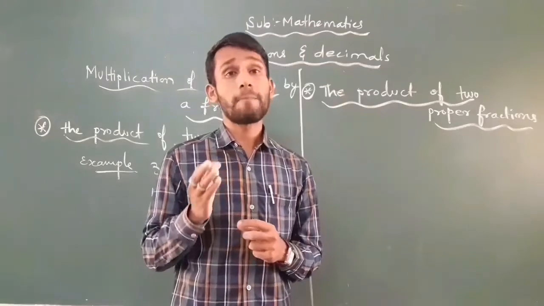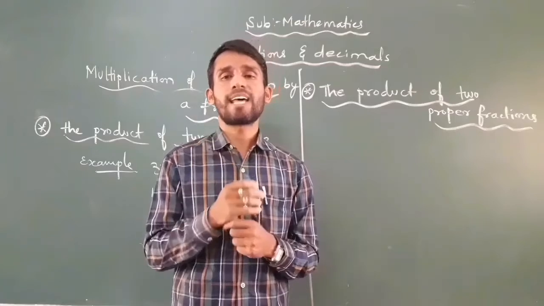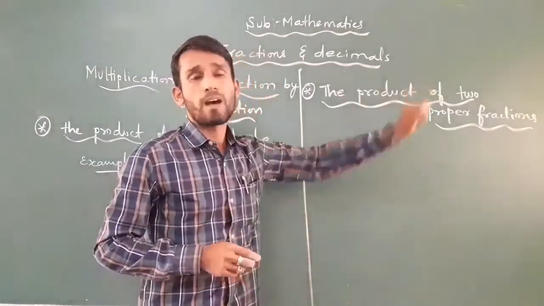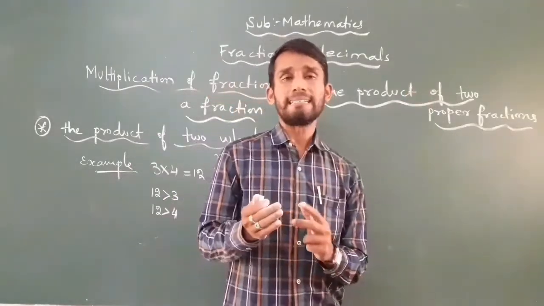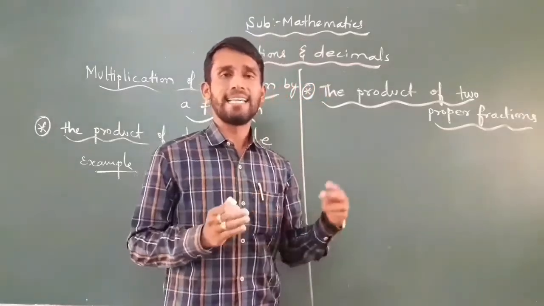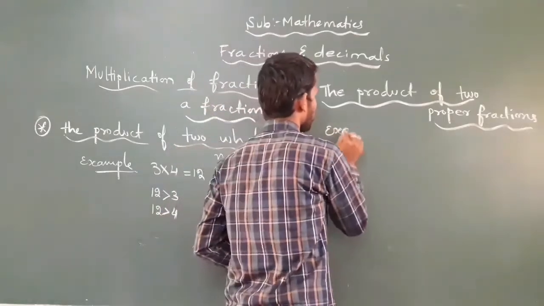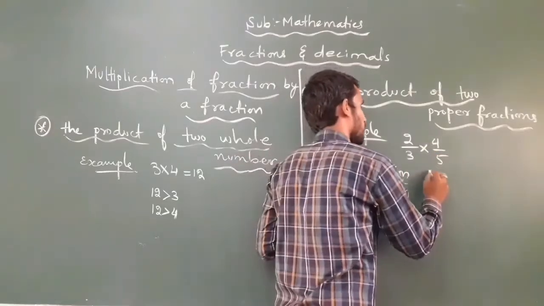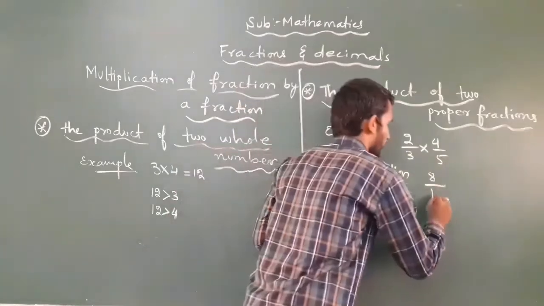Dear students, what happens to the value of the product when we multiply 2 fractions? I am taking the first point here, the product of 2 proper fractions. When we multiply 2 proper fractions, is the product greater than each fraction or lesser than each fraction? See here one example. 2 into 4 is 8, 5 into 3 is 15.